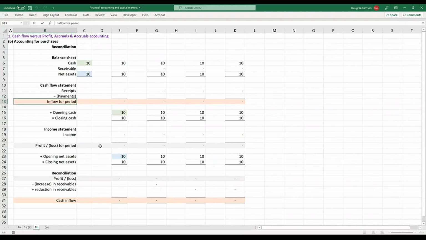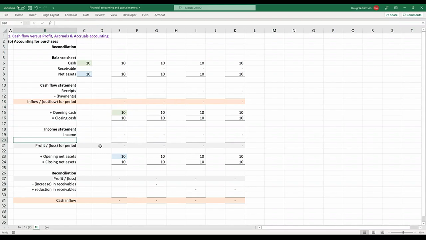And this means we might end up with an inflow, or we might have an outflow for the period. So if we've only got payments, we're actually going to have outflows. The principle is the same, and we just got negative numbers.